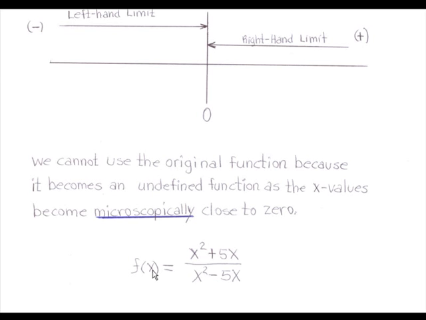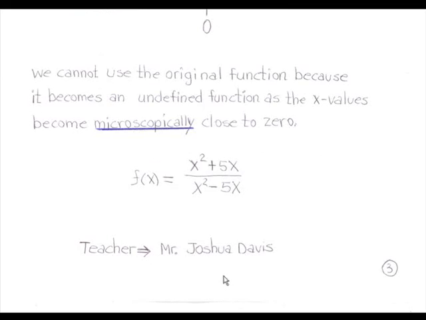So once again, here is the given original function. F of x equals x squared plus 5x divided by x squared minus 5x. Let's go to the next page.